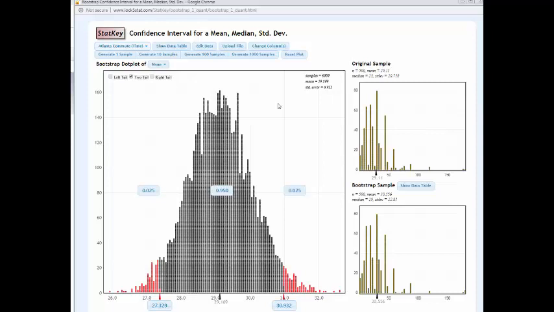If I were to say, I assume that the population mean is 30. Does this confidence interval support that? Well, 30 is within this 95%.